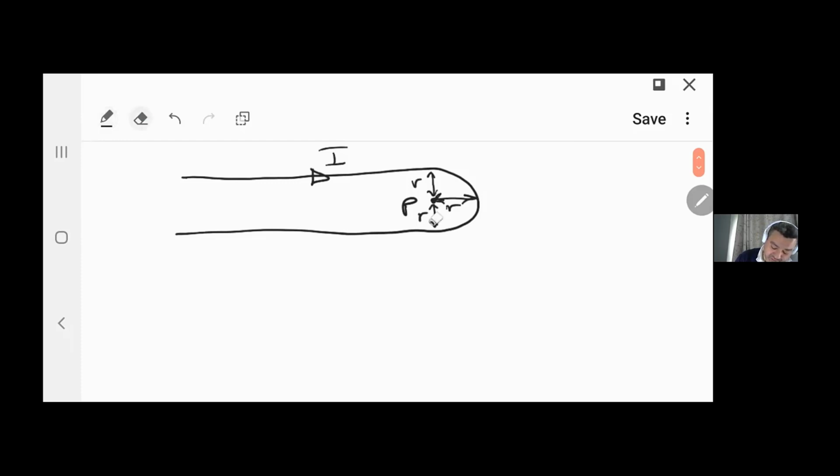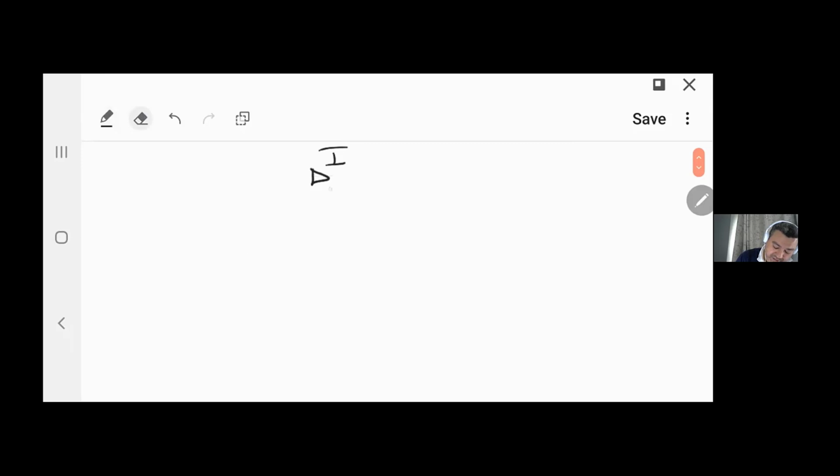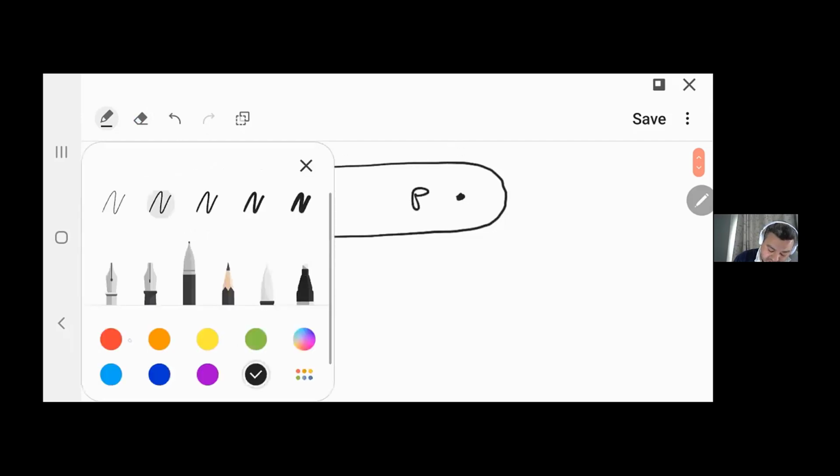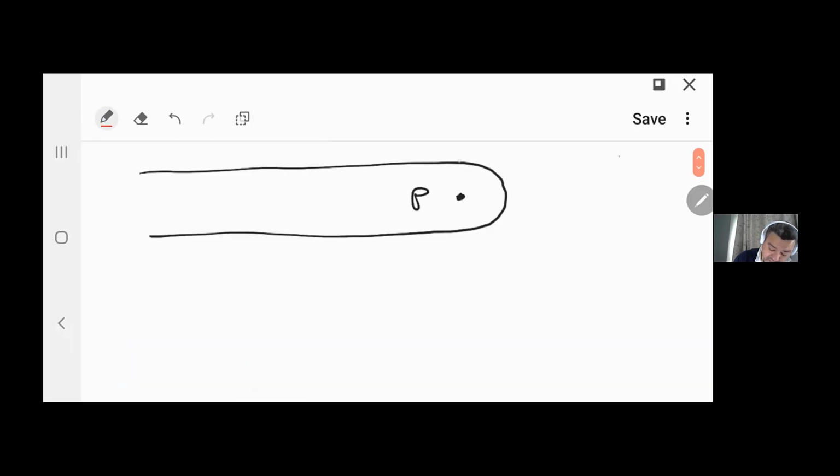So if I'm to now delete this, take this as a point P, then if I come and cut this wire right from here, then I can get three shapes of wires that all are contributing to the magnetic field at the point P.